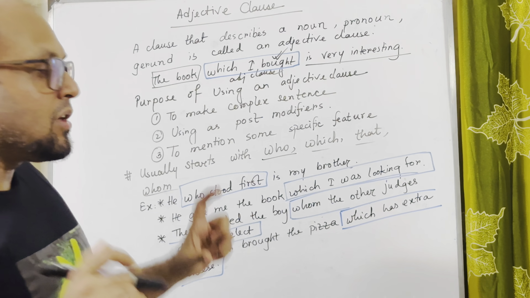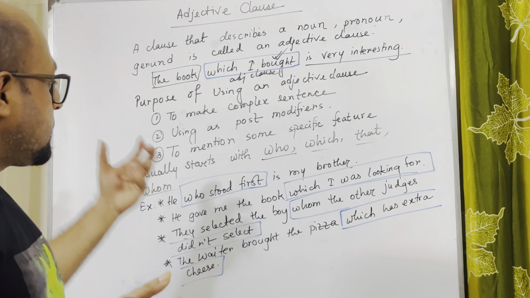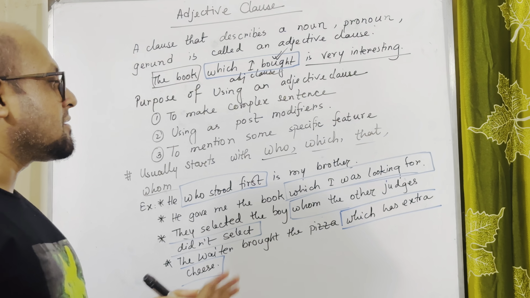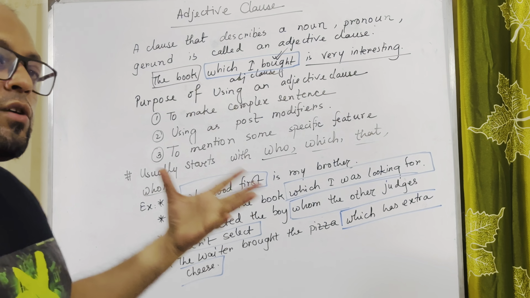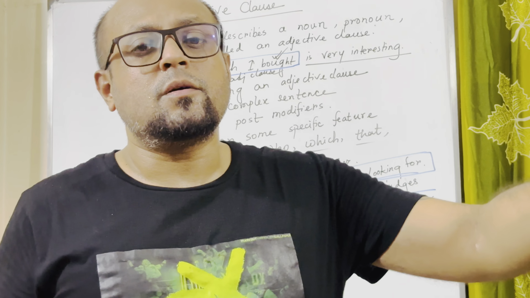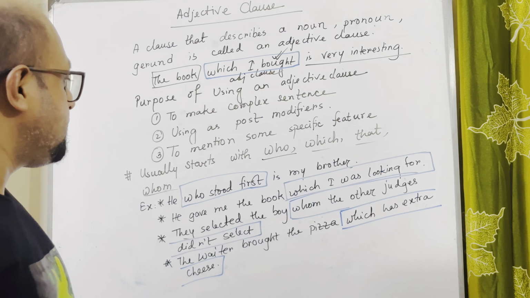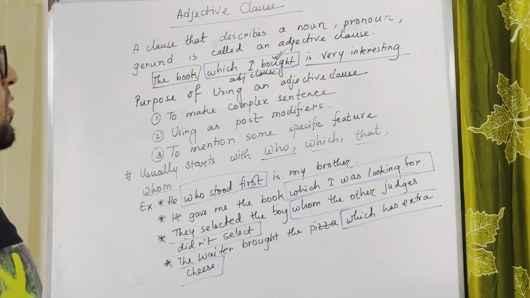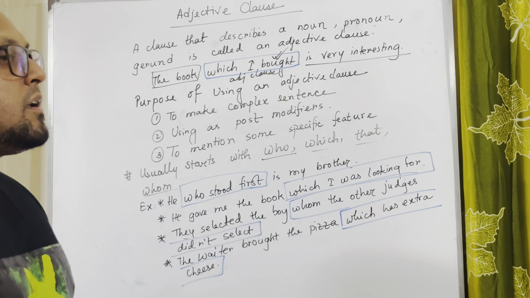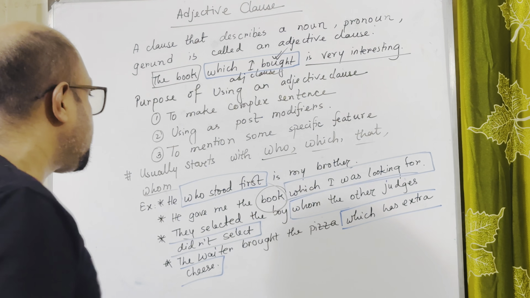To make it clearer, you can use the book which I was looking for. Now it is clear that the person was searching for a book, and another person gave it to him. So which I was looking for is the adjective clause modifying the noun book.